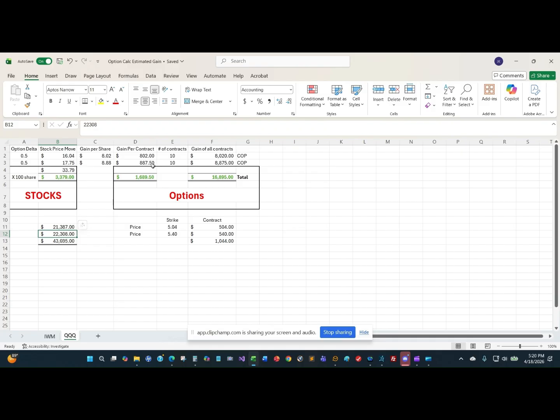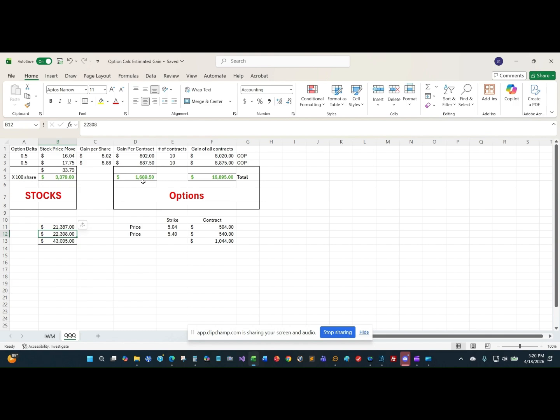But keep in mind, there are 100 shares in each contract, so you multiply the gain per share by 100, and this gives you the gain per contract. So you would make $1,689.50.